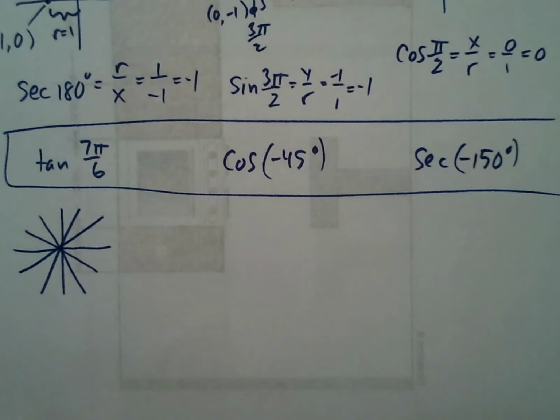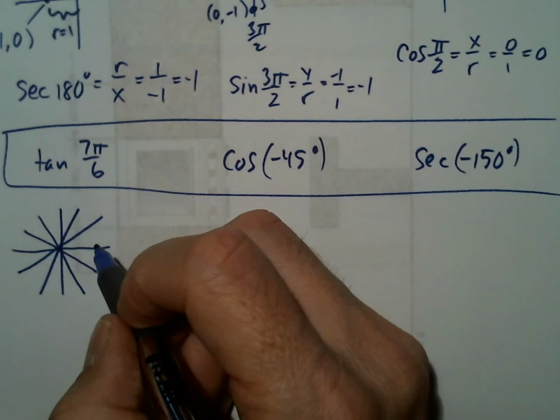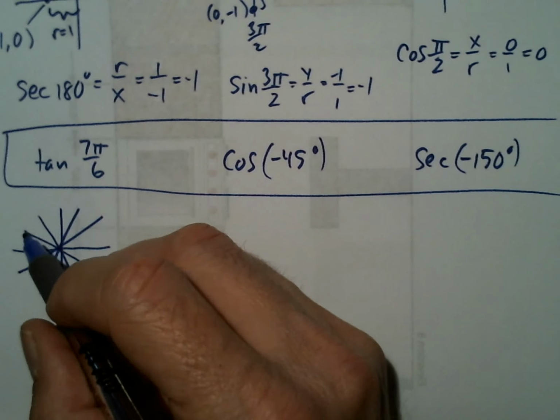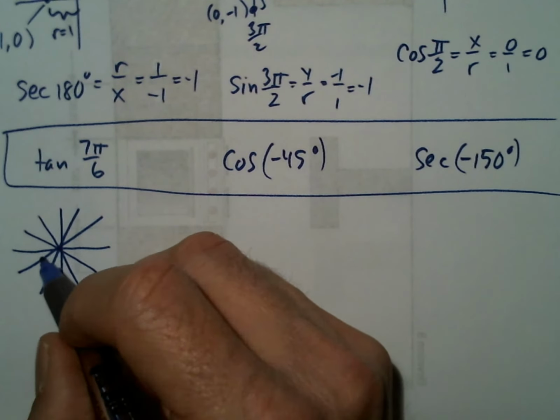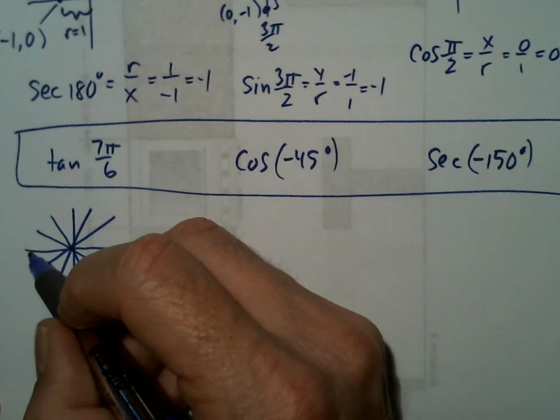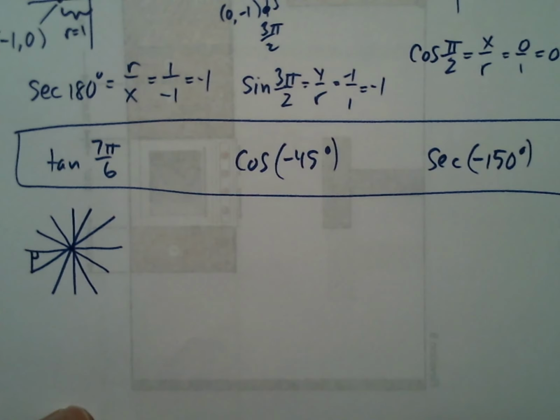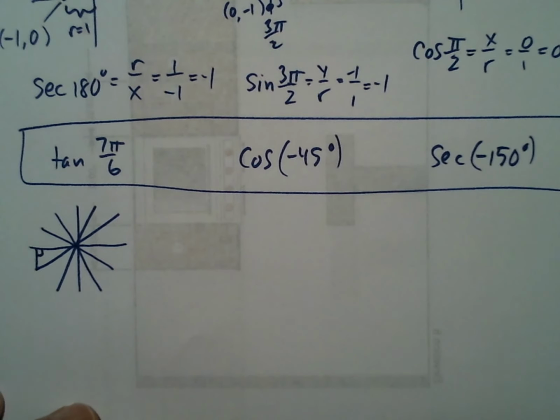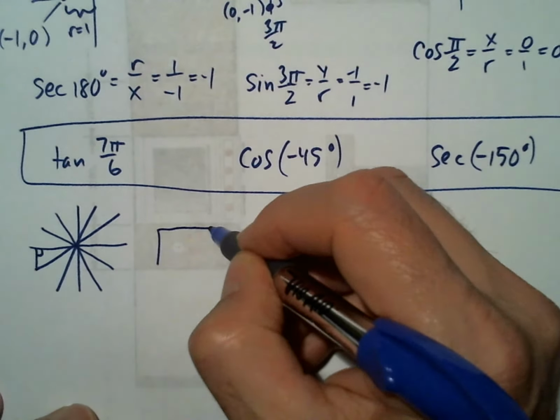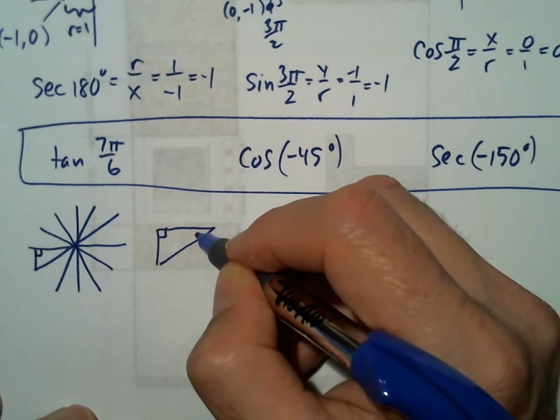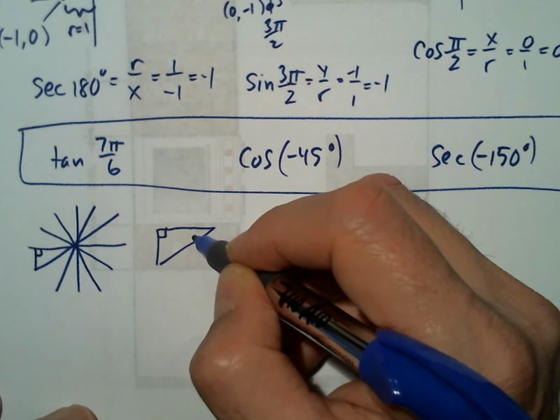If we don't know where 7 pi over 6 is, then we'll just count 1, 2, 3, 4, 5, 6, 7. We're going over there, and we could look at that triangle. It's a special triangle, 30, 60, 90. Remember that if that's the 30, we have a 1, 2, radical 3.